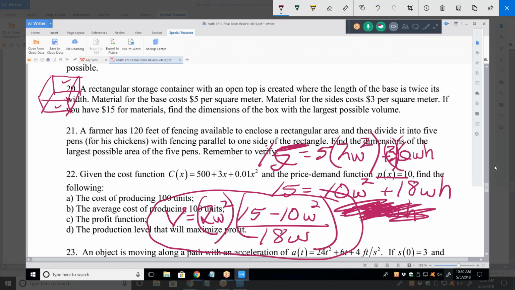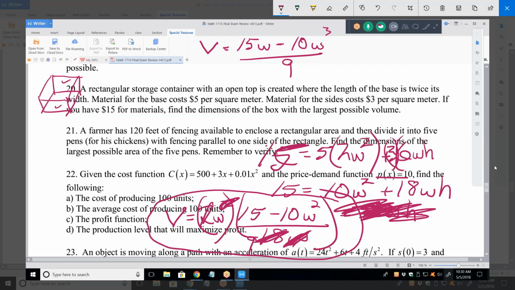So I get v equals, I'm going to cross off that, and I'm going to make that a 9. So I've got, distributing my numerator, 15w minus 10w cubed all over 9. Correct? Yep. Okay.